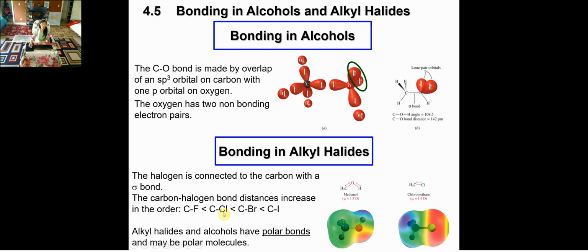Your fluoro, chloro, bromo, iodo, the size increases from F to Cl to Br to I. Therefore, the bond length between carbon and fluoro will be the smallest or shortest, carbon-chloro will be slightly bigger, carbon-bromo will be much bigger, and carbon-iodo will be the longest one.